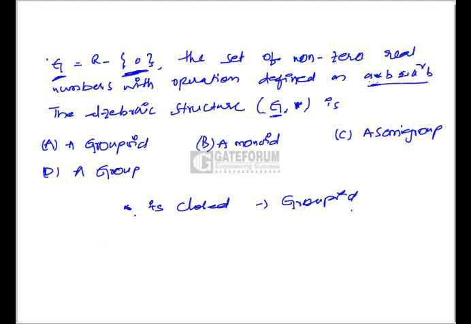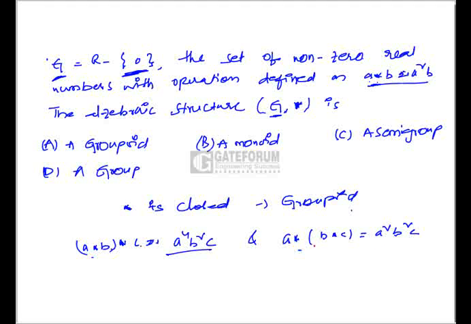Let us check if star holds associative property or not. Let us consider (A star B) star C. So this would be equal to A power 4 B square C, and A star (B star C) is equal to A square B square C. So here (A star B) star C is not equal to A star (B star C).